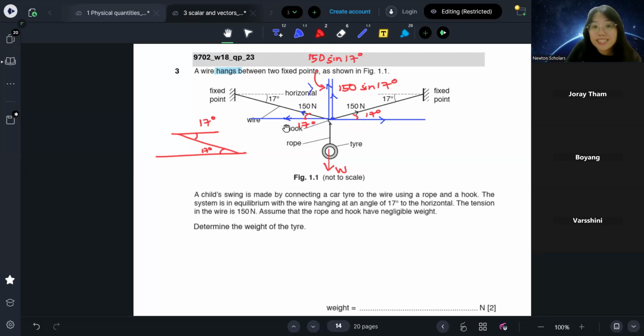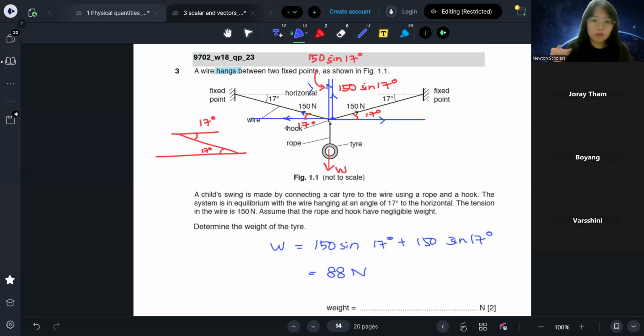I use sine because 17 is not between them. So at the end, what is my weight? My weight equals these two upward forces because they balance out. So it should be 150 sine 17 plus 150 sine 17. The answer should be 88 Newton. Of course, you will calculate and get 87.7, right? We round to two significant figures, which is 88.